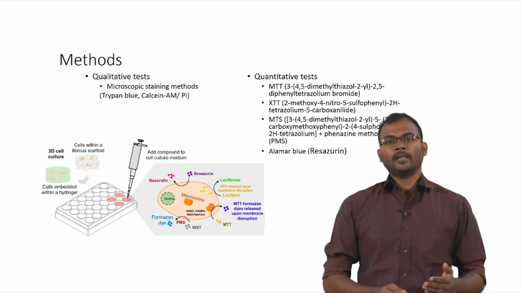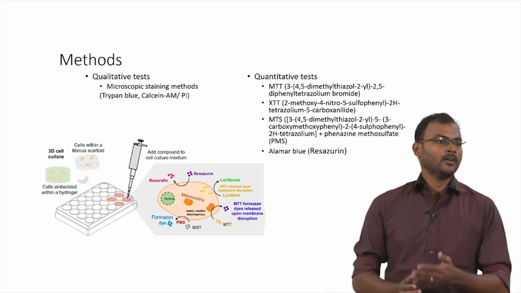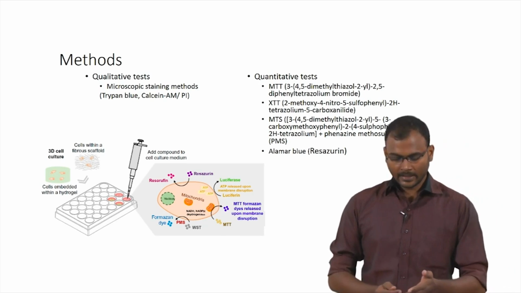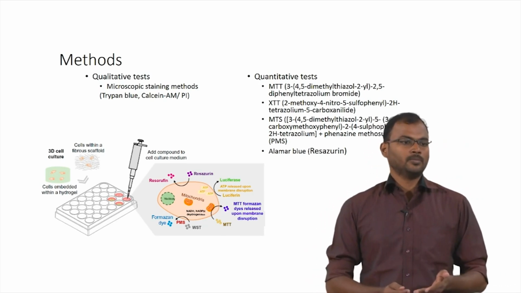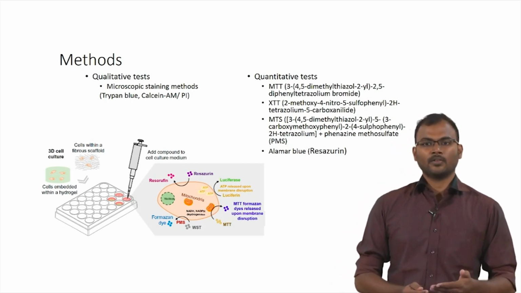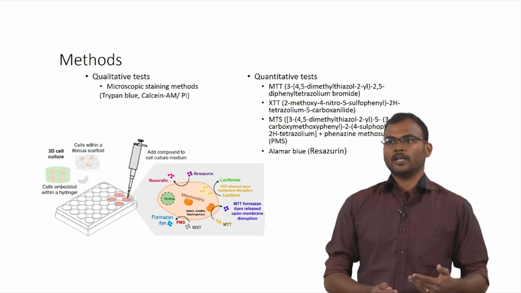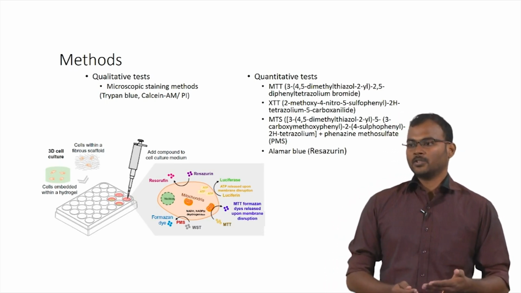In MTT, it is the final step of the reaction where you kill off all the cells, but in XTT, MTS and Alamar blue, the cells stay alive, because in MTT the formazan crystals formed are inside the cells. So, you have to estimate how much formazan has been formed.